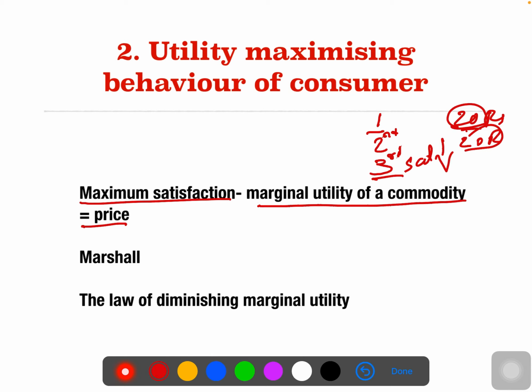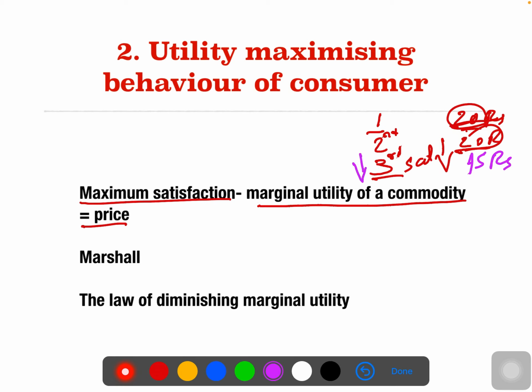When my satisfaction started decreasing, I don't feel like paying 20 rupees now. Why was I paying 20 rupees? Because I was getting that much satisfaction. Now by consuming the third sweet, I'm not getting the satisfaction which I got from the first sweet. So I'd like to pay only 15 rupees for this, because my satisfaction also got decreased.